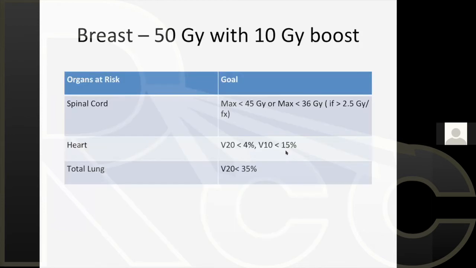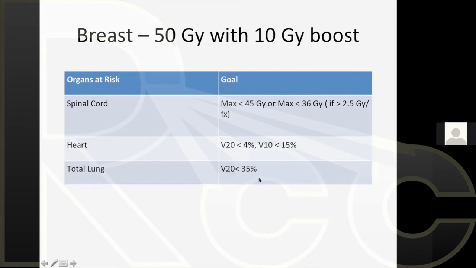Moving on. This is what we do at MD Anderson: we fill out our normal tissue constraints, so every patient has this filled out. For a breast patient who's going to get 50 gray with a boost, the spinal cord has a goal, the heart should have a V20 less than 4% or a V10 less than 15%, and the most important, total lung V20 less than 35%.